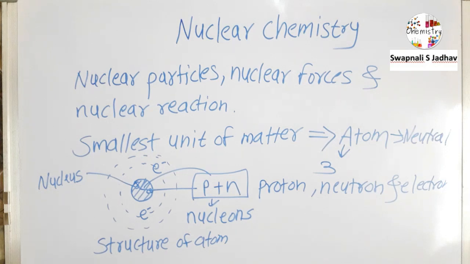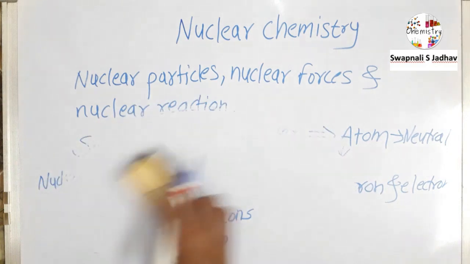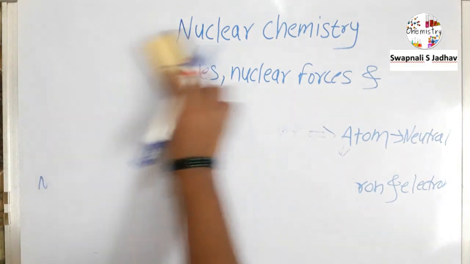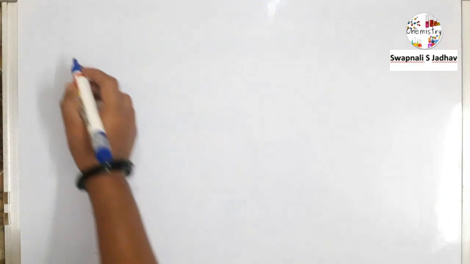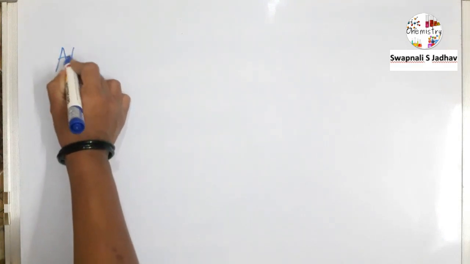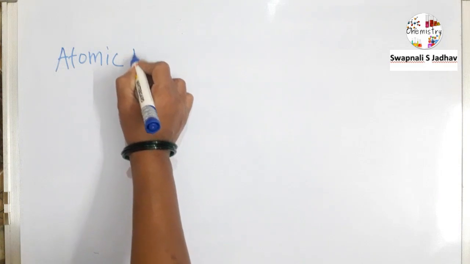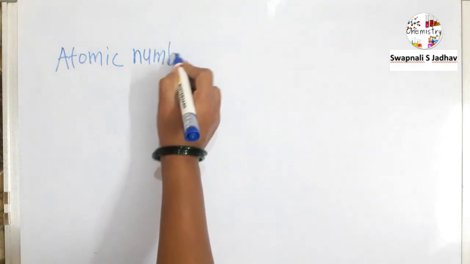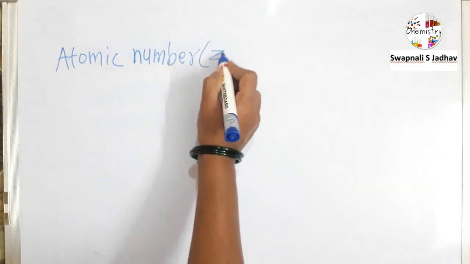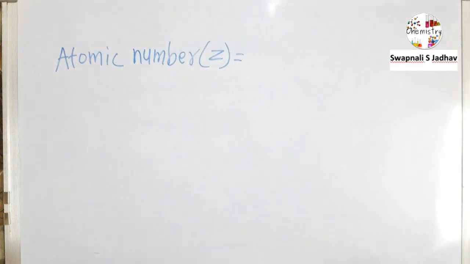Okay, friends, can you tell me about the atomic number, mass number? Okay, so atomic number is represented by which letter? Atomic number is represented by capital Z. What is the definition of atomic number?